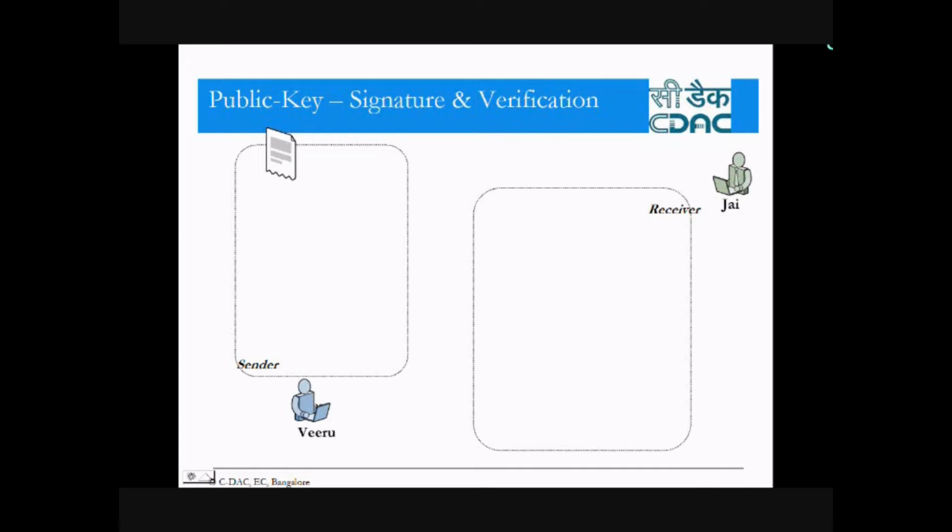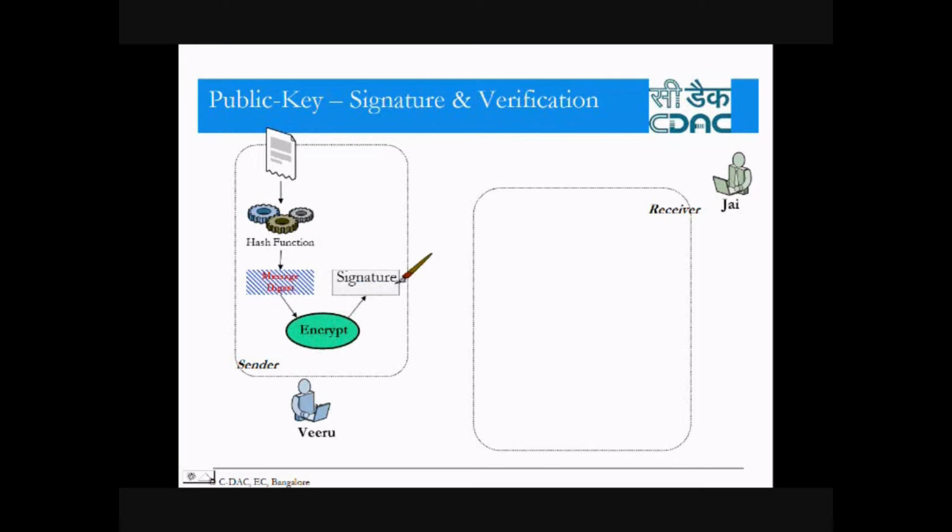Now let us consider two people, Viru and Jay. Viru is the sender, Jay is the receiver here. Viru has a piece of text which is to be sent to Jay. The first step he does is pass the message to a hash function which generates a message digest.